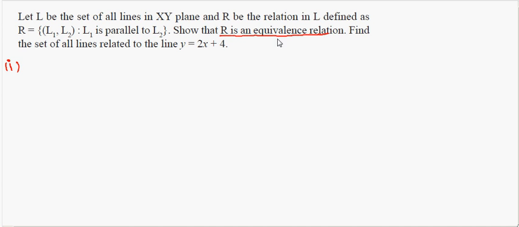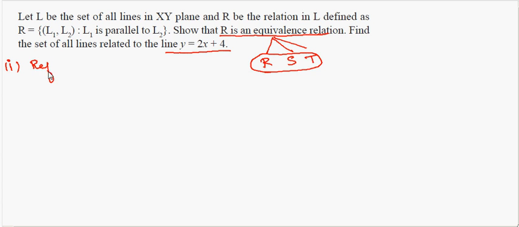Equivalence means it should be reflexive, symmetric, transitive. All three hold good. Also, they ask to find the set of all lines which is related to the line given by the equation y = 2x + 4.